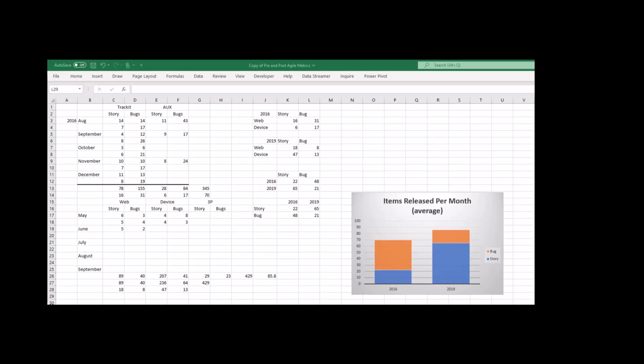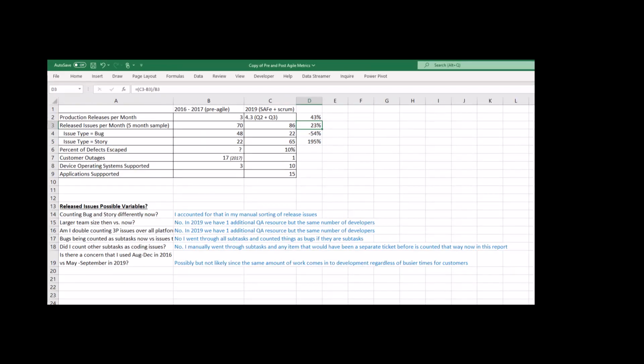I looked at our cadence, which was our releases, and I looked at the average number of bugs and stories and miscellaneous in each of our releases for each of our products. Along with other data, I was able to surmise that prior to going Agile, we were doing about 3 production releases a month.